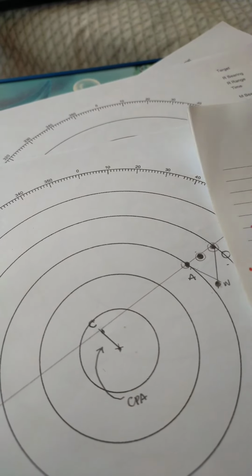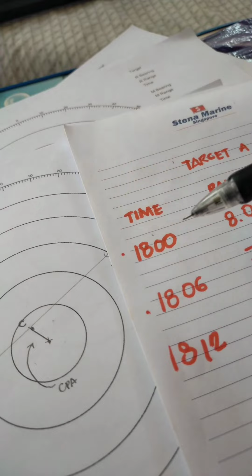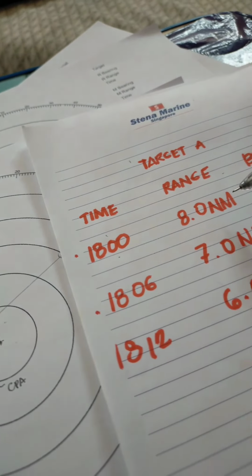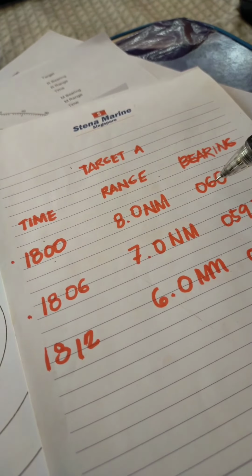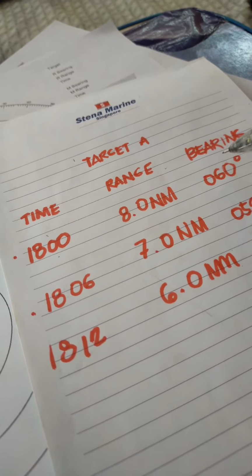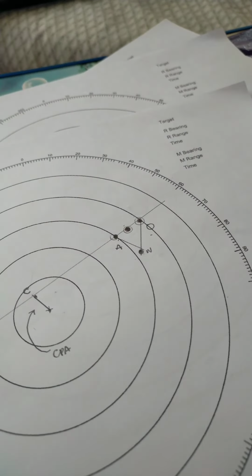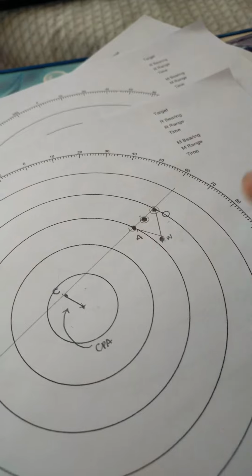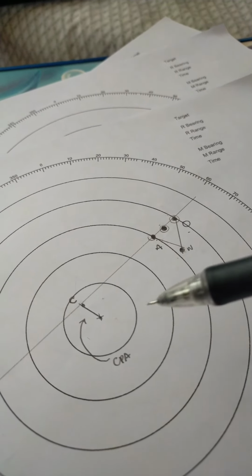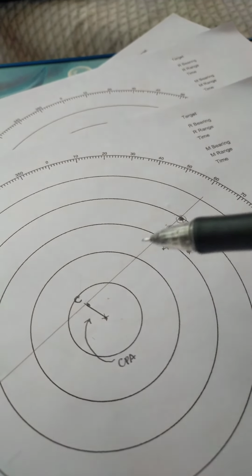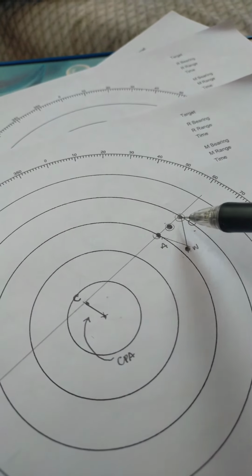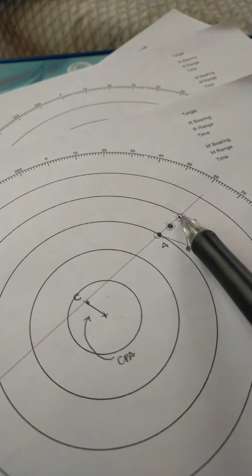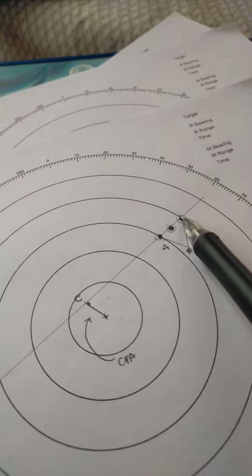For example, the first target we have seen is at 1800 hours with a range of 8 nautical miles with a bearing of 60 degrees. So we're going to use our tools such as triangles and compass divider to locate this point, which is the 60-degree bearing.